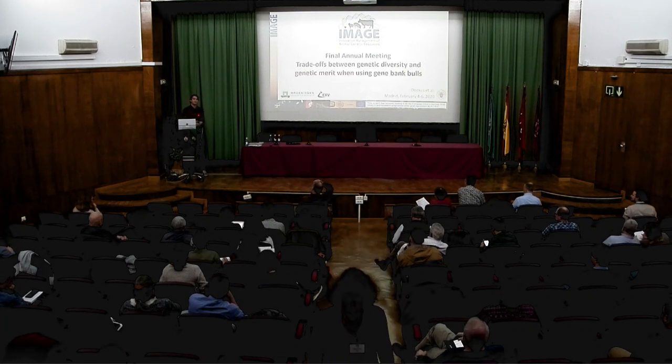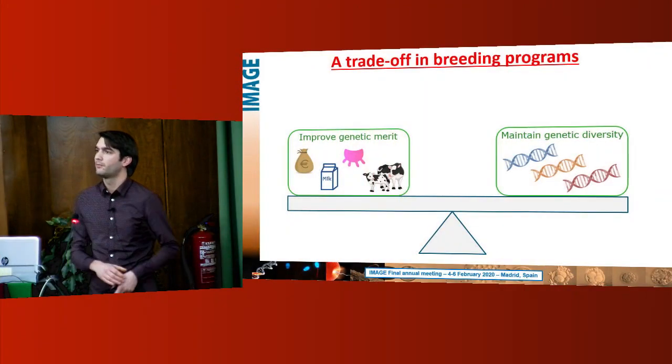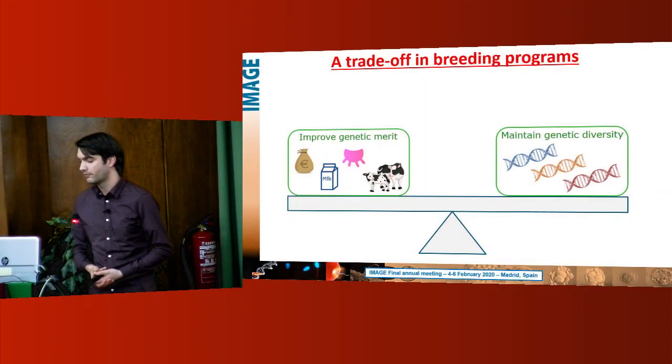And I would like to continue with these case studies of looking at genetic diversity in cattle using optimal contribution selection, focusing on the trade-off between, on the one hand, improving genetic merit, and on the other hand, maintaining genetic diversity. This is a trade-off that we are commonly confronted with within breeding programs.